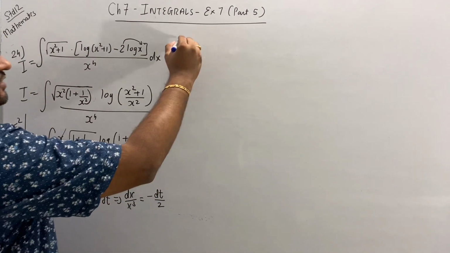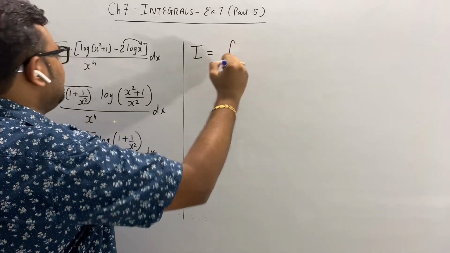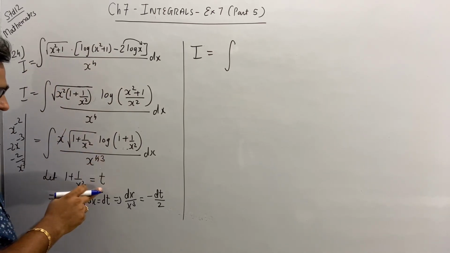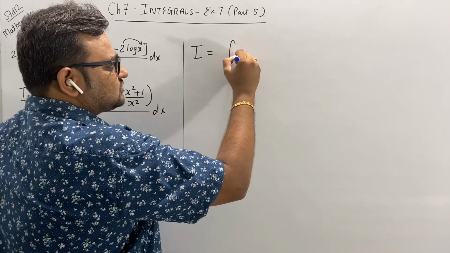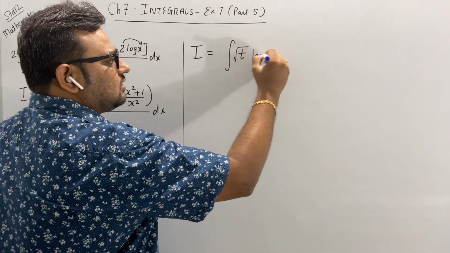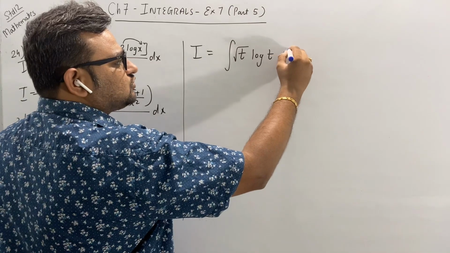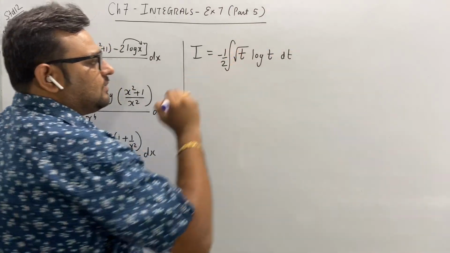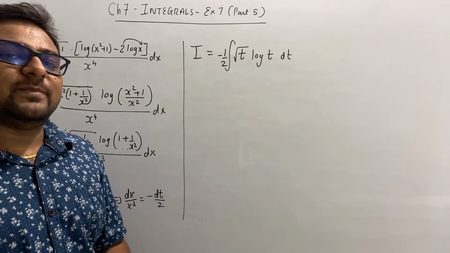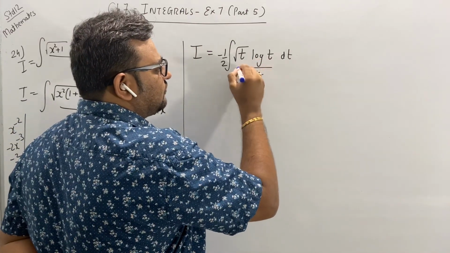Clear? So now solving it, replacing the value: integration of root of x square plus 1, that is 1 plus 1 by x square, t, square root of t. Okay, log t, instead of dx by x cube, minus dt by 2, so dt with minus 1 by 2. Clear? Now we can solve it by integration by parts, u v.